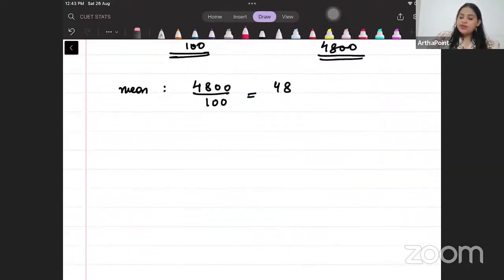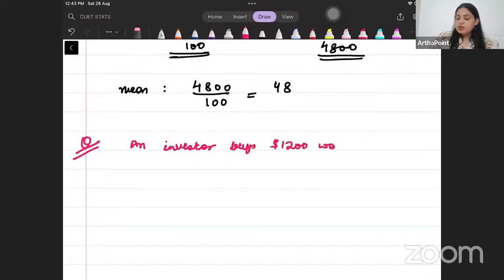Okay, write down the next question now. So write down that an investor, please do these questions with me only. He buys 1200 worth of shares, right?